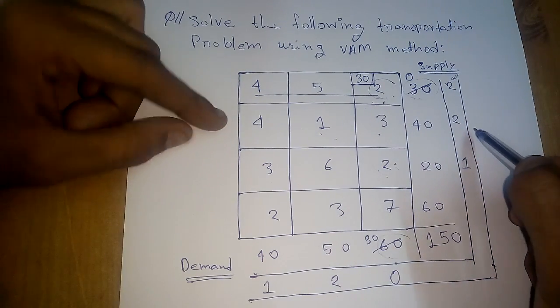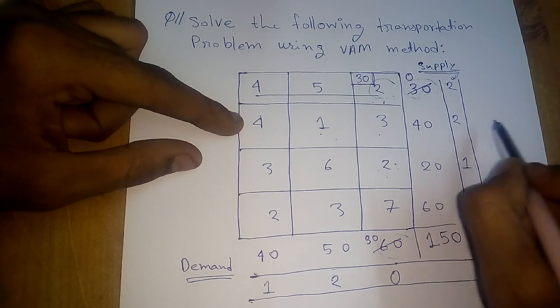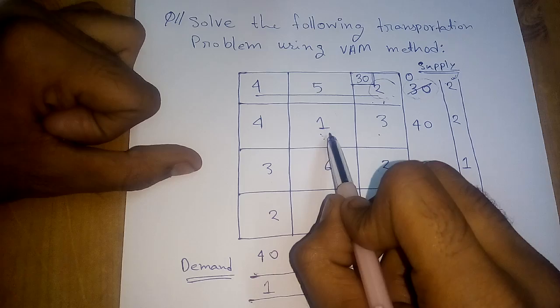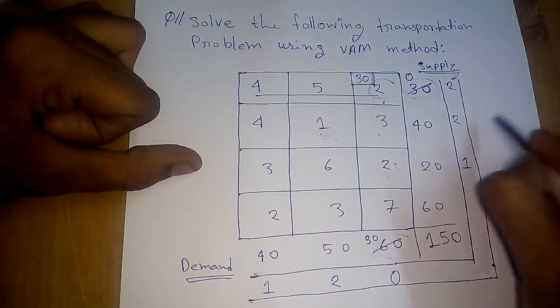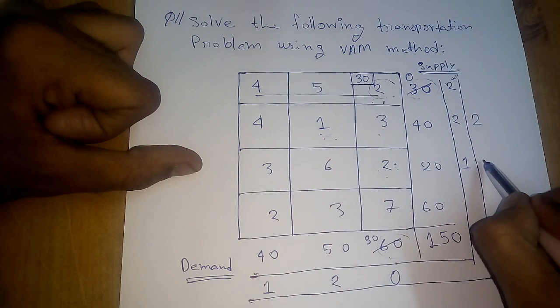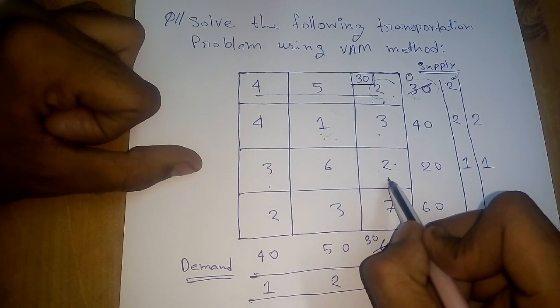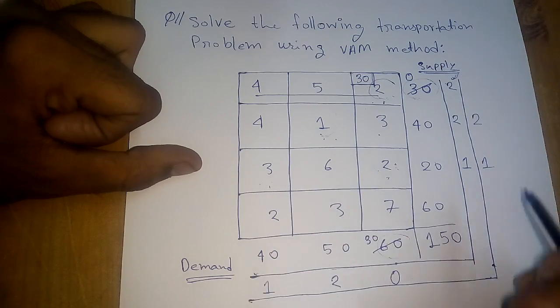At the next row, the second row, we can see the difference between the least value and the greater value is 2, and here the difference between 2 and 3 is 1, the least value and greater than the least value.